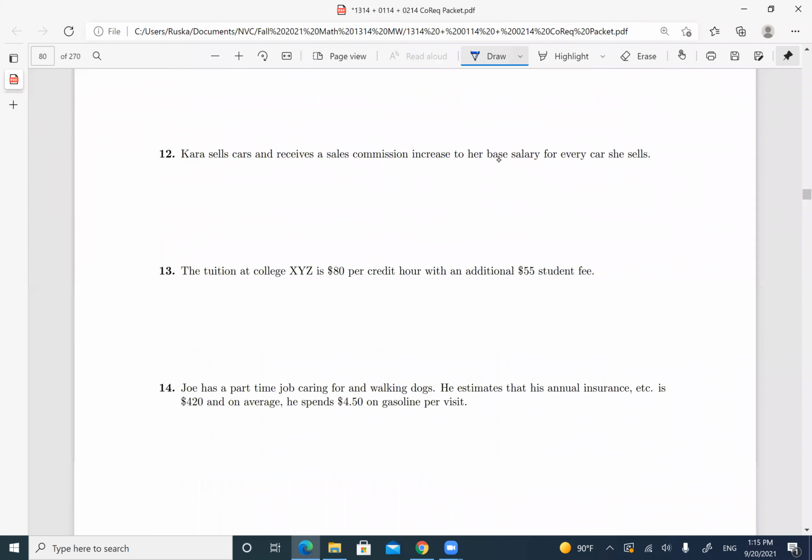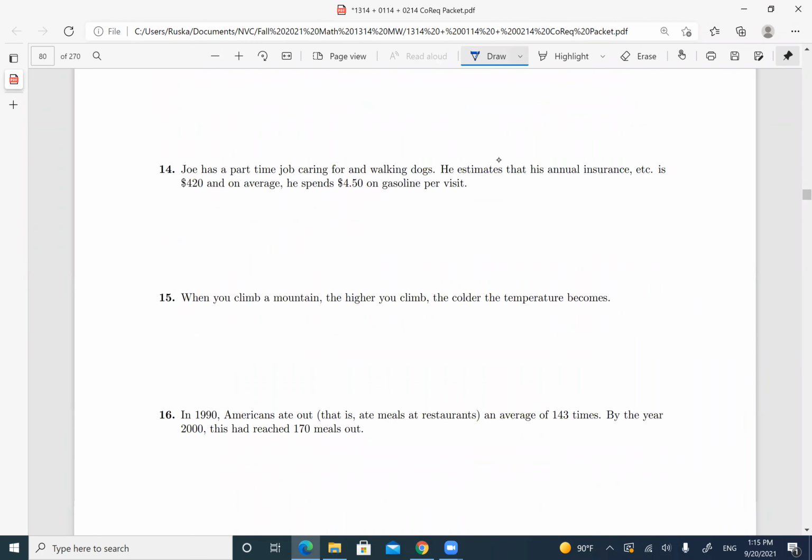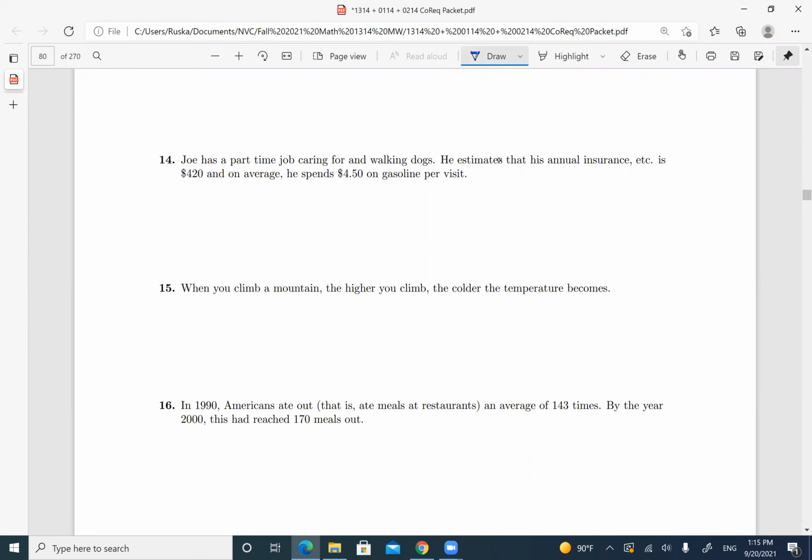So let's do 14. Joe has a part-time job caring for and walking dogs. He estimates that his annual insurance is $420, and on average, he spent $4.50 on gasoline per visit. Okay, so which one is dependent, which one is independent?